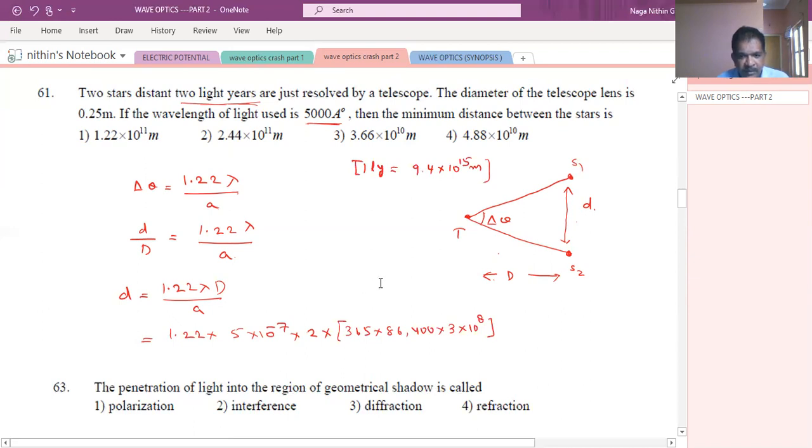If you multiply this, you will get this value divided by a value. They gave it as 0.25.